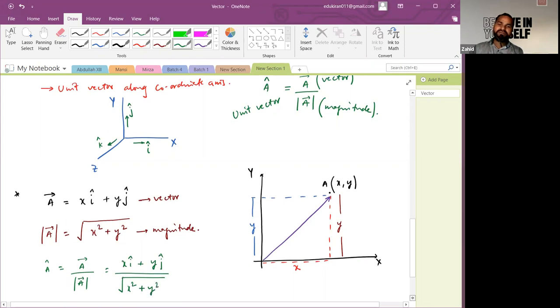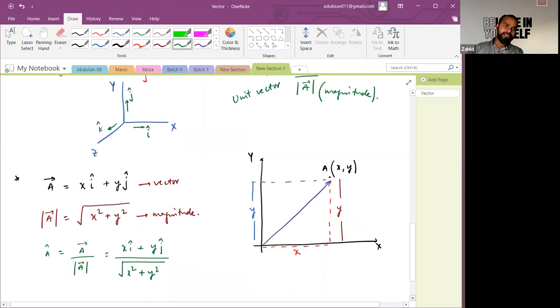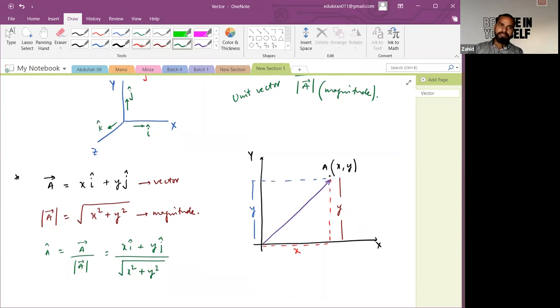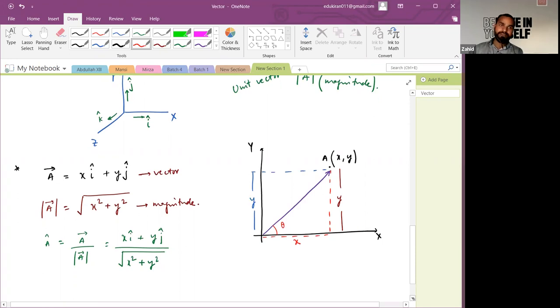Now the next term is to define its inclination with respect to the x-axis. Let's say this has inclination theta with respect to the x-axis, which will define its direction. For this theta, we have perpendicular as y and base as x.